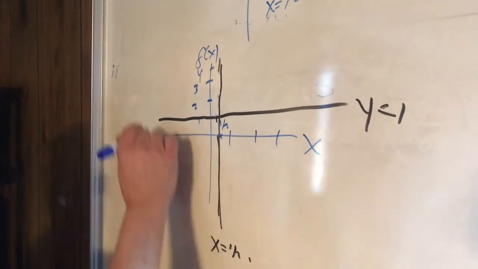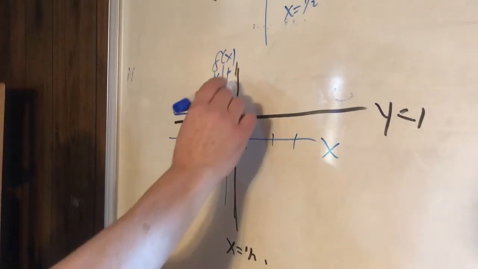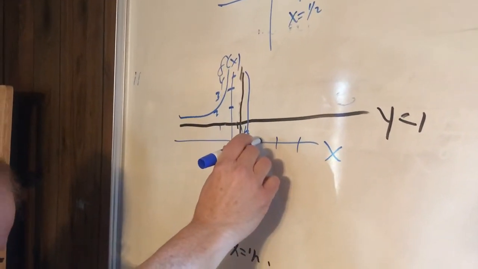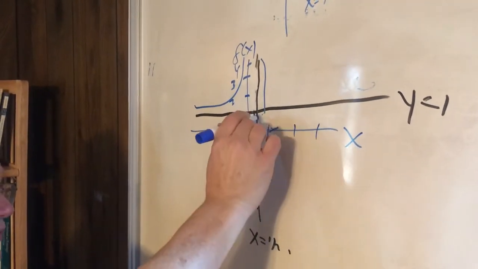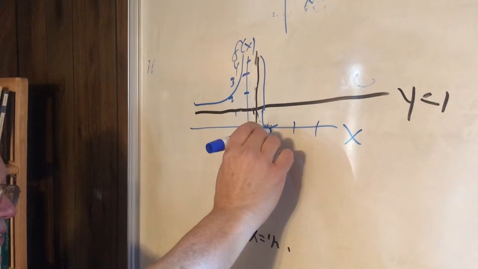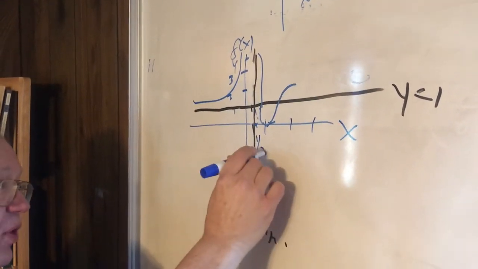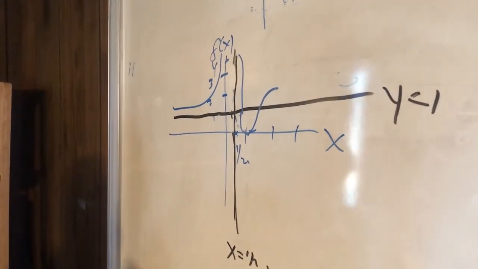Curve looks something like this and like this. Notice here's the change in concavity right here. It should be like this really, but here's the change in concavity. It should have been around 1/2, but I didn't draw it that well. But it does change.